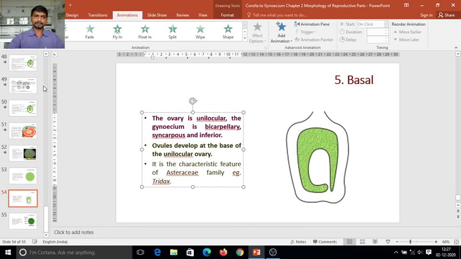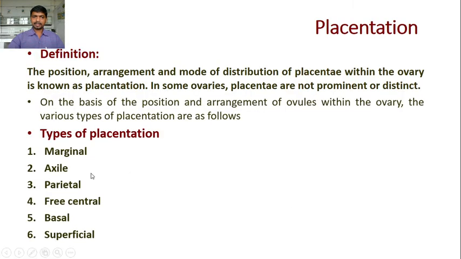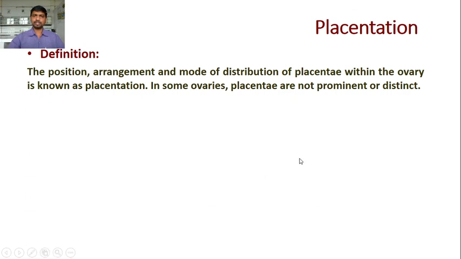So there are 6 types of placentation: marginal, axial, parietal, precentral, basal and superficial. What do you mean by placentation? The position, arrangement and mode of distribution of placentae within the ovary. So on the basis of position, arrangement and mode of distribution of placentae, there are different types of placentation.